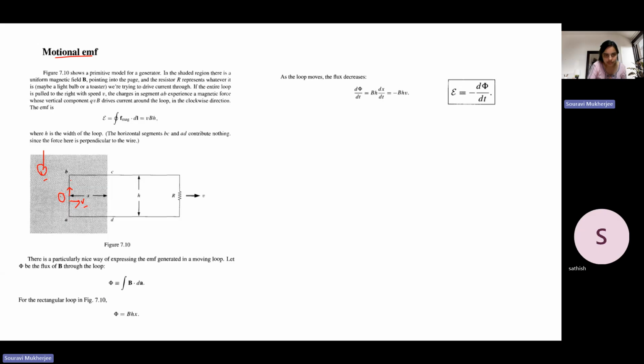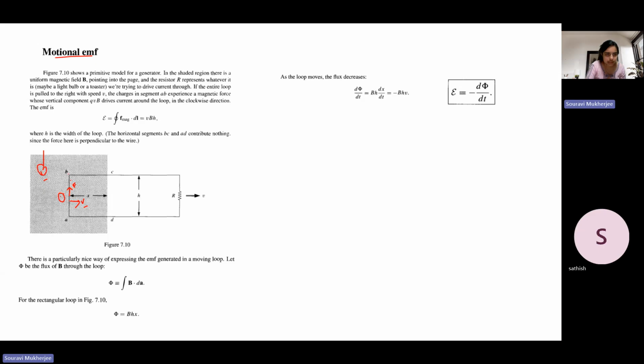So moving charges in a magnetic field experience a force, which is given as q into v cross B. The direction of the force would be along this wire, right? So what is the work done by this force? Because of this force, whatever charges were along this section AB will try to redistribute.